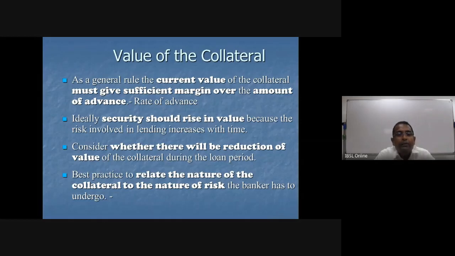Easy to value: as a general rule, the current value of the collateral must have a significant margin over the amount of the advance. If you are giving a loan, the current value of the security should always be more than the advance.